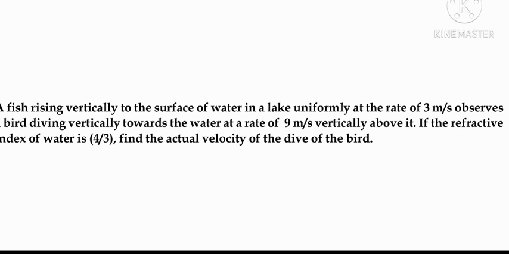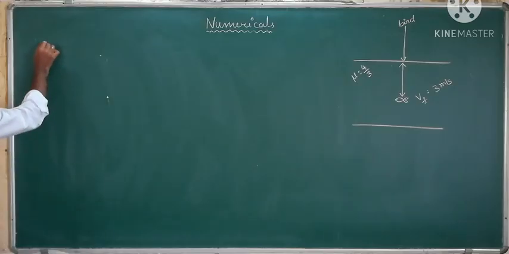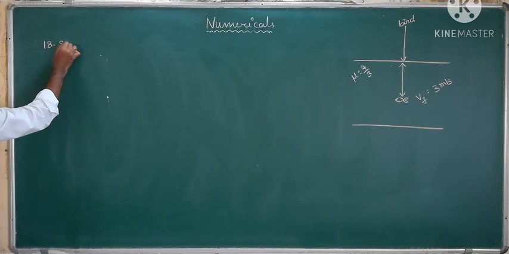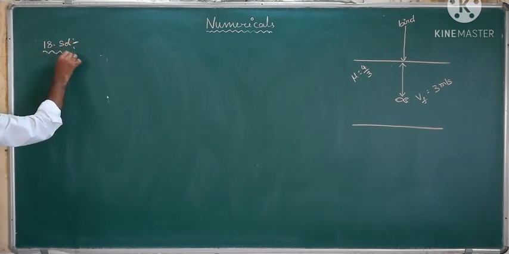The fish observes that a bird is diving vertically towards the water at 9 meters per second. This is the velocity of the bird observed by the fish, and we need to get the actual velocity of the dive of the bird. This can be obtained with the help of normal shift.